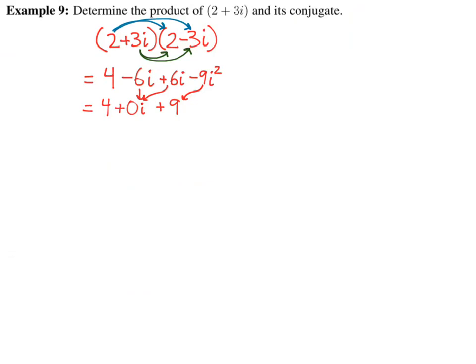Oh, yeah, because i squared was negative 1, so minus 9i squared is like minus 9, but really negative 1 times 9, so it's really plus 9, right? Turns the sign around on you when you have i squared, but no i's anymore left. Cool. Okay, so then you're talking about 13, and you could write plus 0i, but no, please don't, because I'm trying to point something out, which is when you multiply a number by the conjugate, you get a real number answer. Okay, that's pretty awesome.